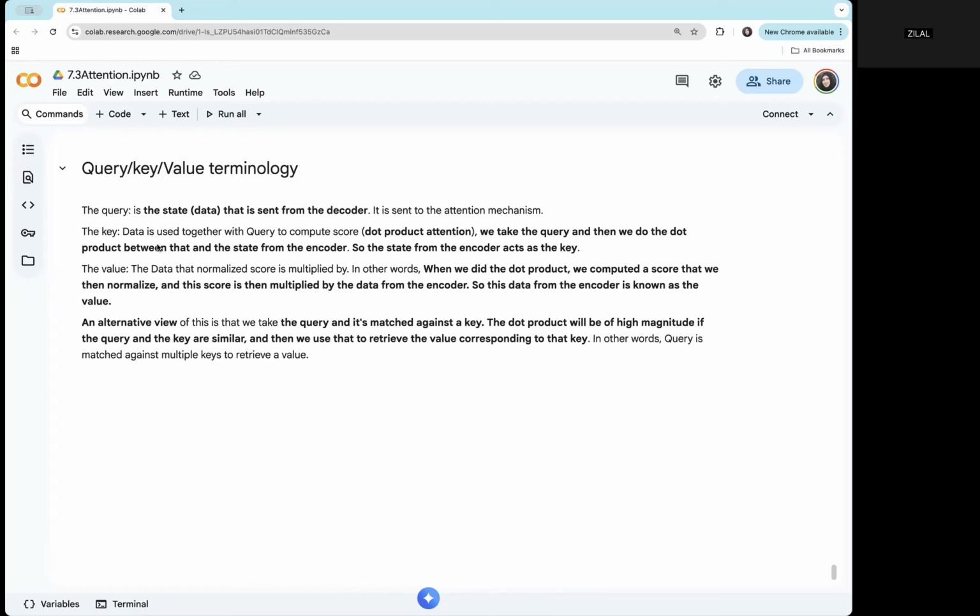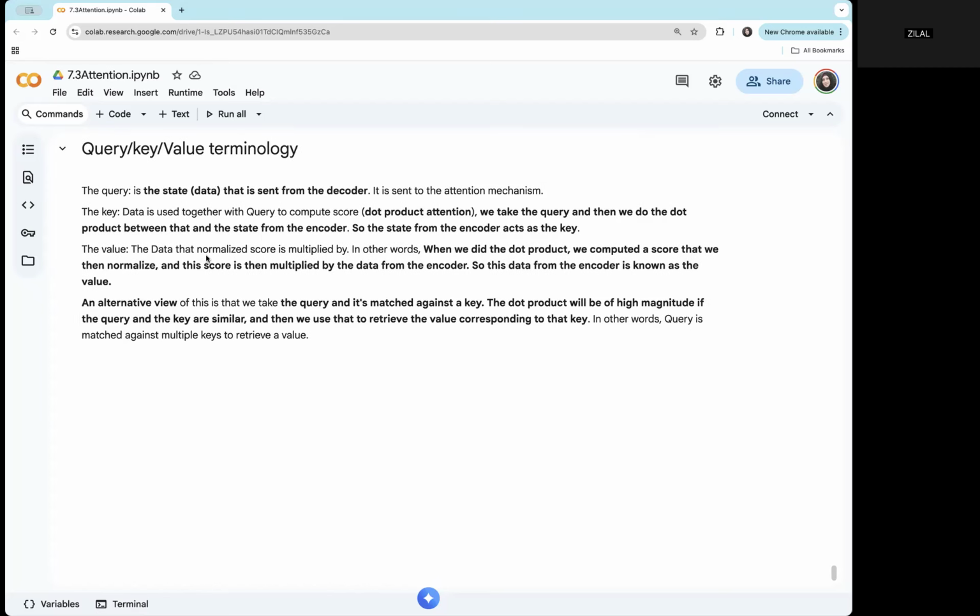The key is the data that is used together with the query to compute the score. In dot product attention, in other words, we take the query and then we do the dot product between that and the state from the encoder. So the state from the encoder acts as the key.